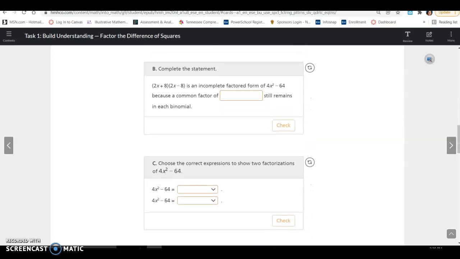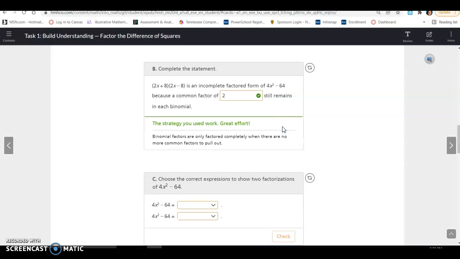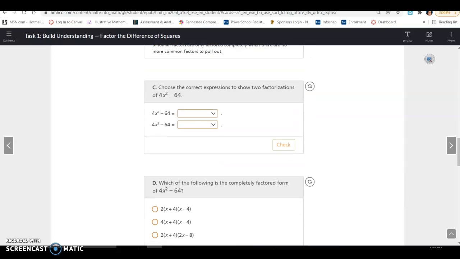All right, so it says complete the statement. 2x plus 8 times 2x minus 8 is incorrect factored form of this, because a common factor of 2, see, 2, 8, 2, 8, all of these have a common factor of 2, still remains in the binomial. So this is equivalent to this. This is factored, but it's not completely factored because they still have a common factor.